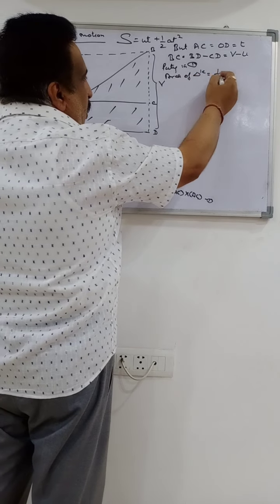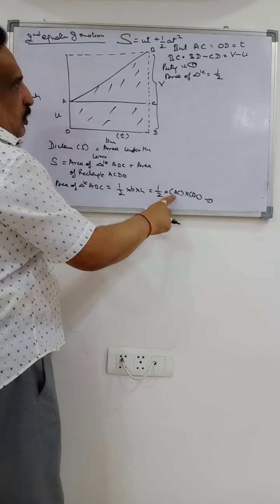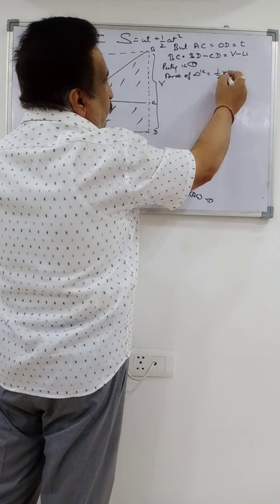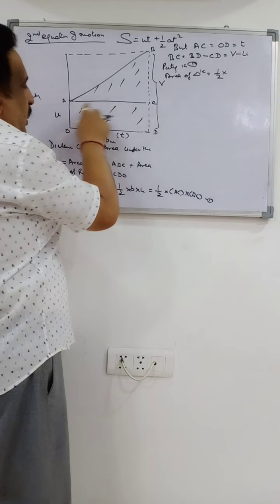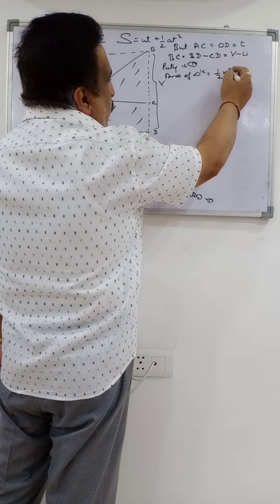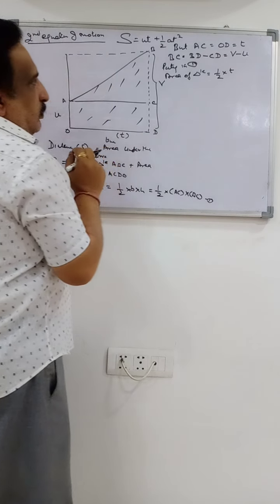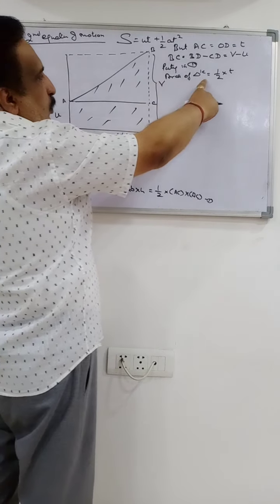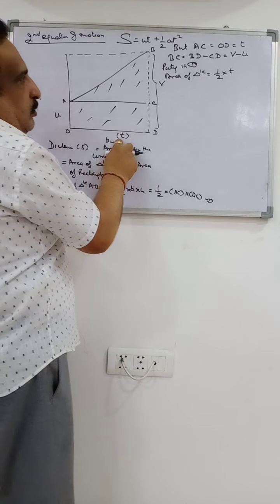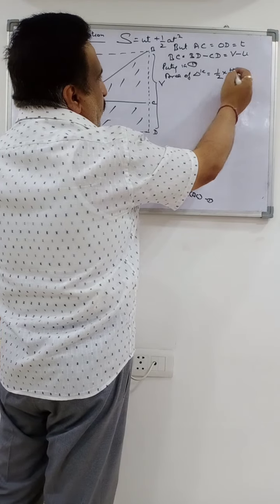It is equal to half into base, and the base AC is equal to OD is equal to T, into height.